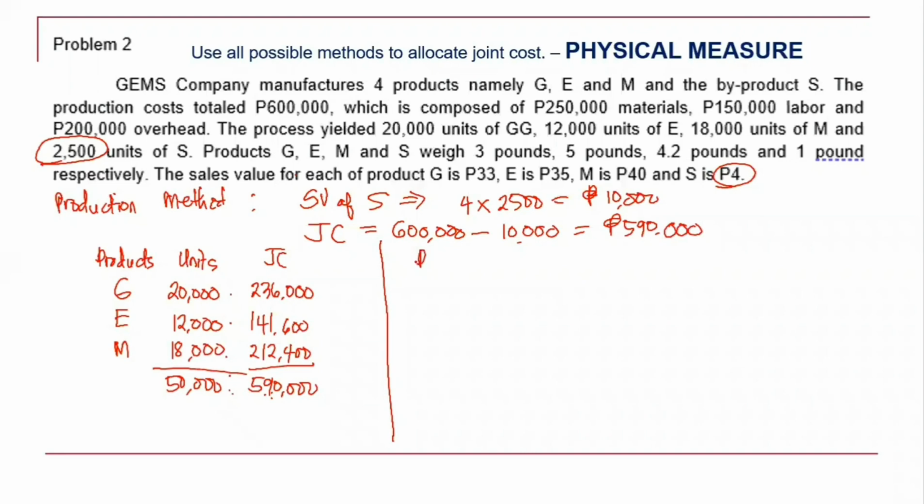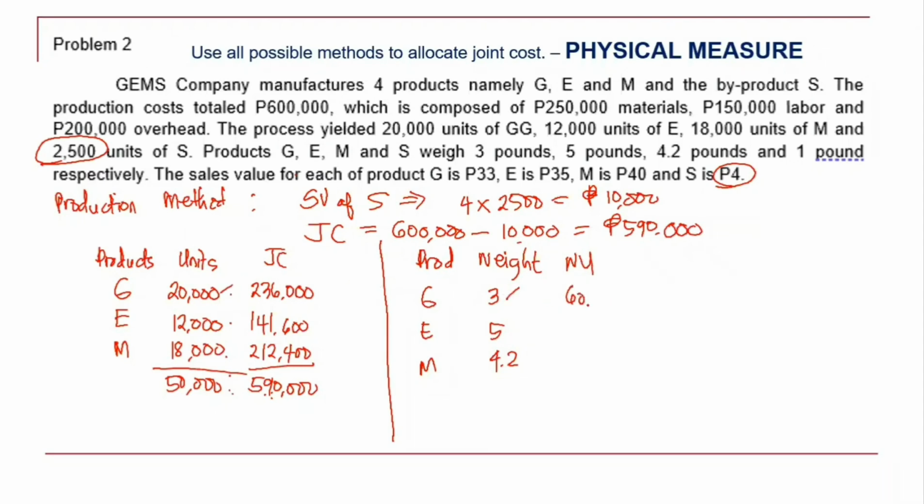Gawin natin yung weighted units. So we have the products G, E, and M. So ang weight po natin, ilagay na po natin 3, 5, and 4.2. Ang weighted units natin, multiply natin 3 by 20,000.